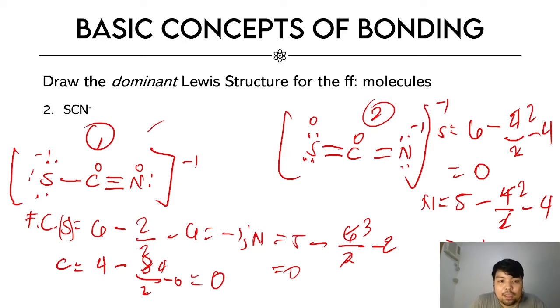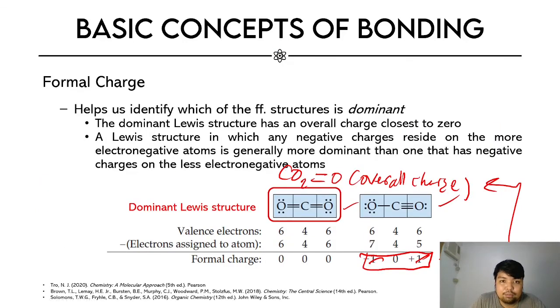So now, the debate is how do we know which is the more dominant Lewis structure? So we go back to this rule here. This rule says that a Lewis structure in which any negative charge resides on the more electronegative atom is generally more dominant than the one that has negative charges on the less electronegative atom.